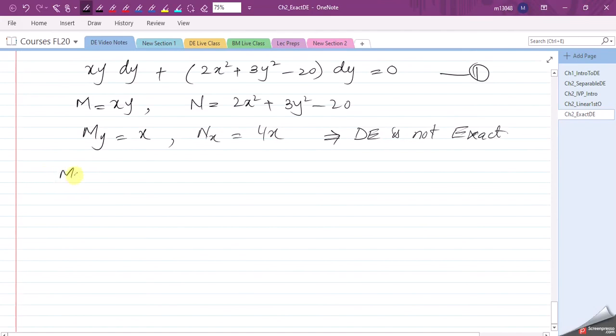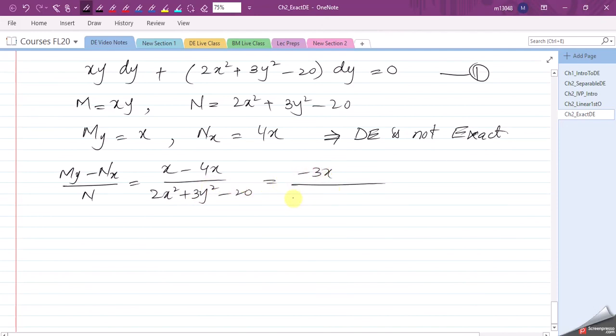First we check (My − Nx) over N, (x − 4x) over 2x² + 3y² − 20y. Well, clearly it will not work. You cannot cancel y or x from here. This will not go any further. So let's try the second one.